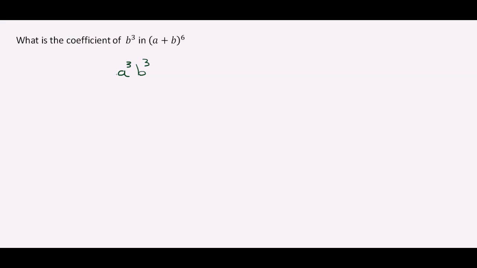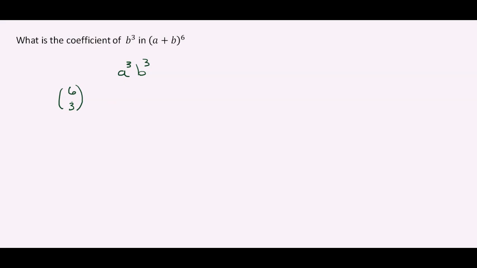So I don't know what the coefficients of these terms will be, but this gives me a starting point. So this is going to tell me that I'm going to have 6 combination 3, okay? Because remember that the exponent of b is going to be the lower number here.